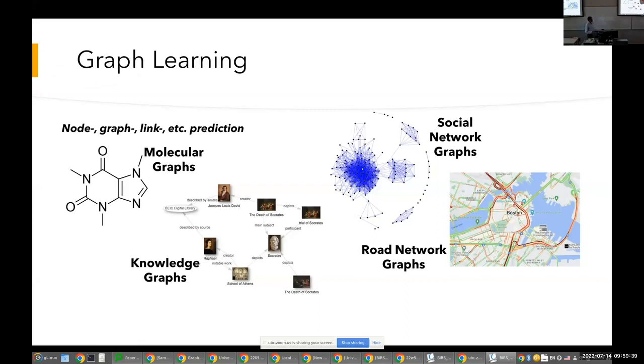I'm just going to highlight some of the applications and tasks to which graph learning problems have been applied, things like molecular graphs, knowledge graphs, road networks, etc. These tasks can be framed as a variety of different prediction tasks, such as graph prediction, node prediction, link prediction, etc. And as we all know, graph neural networks have emerged as a powerful tool for solving these kinds of problems on various applications, and they've had a lot of success in these areas.